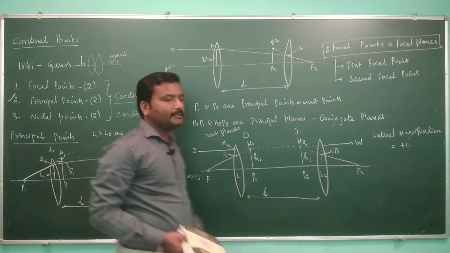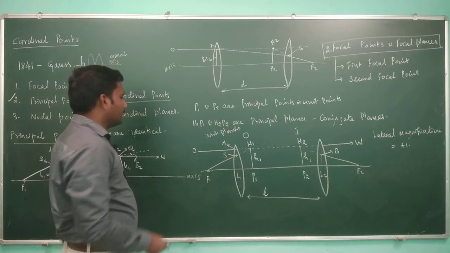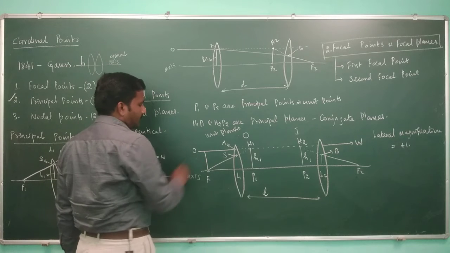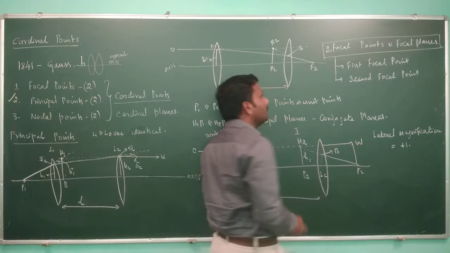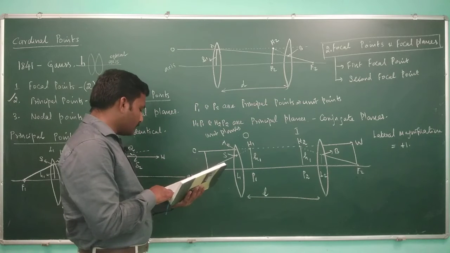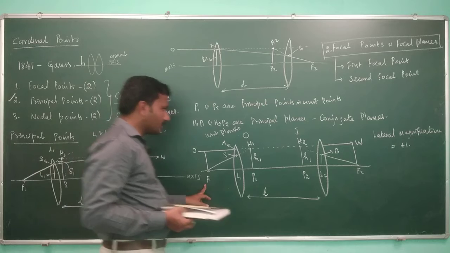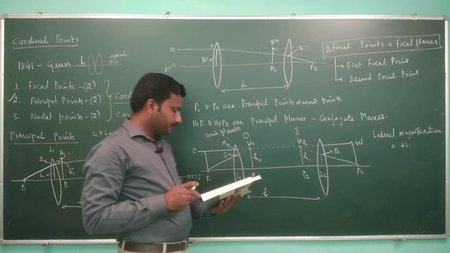That point is called the second focal point. Now, if you draw a perpendicular plane at these 2 points, then those planes are said to be focal planes. This one is the first focal plane and this one is the second focal plane.